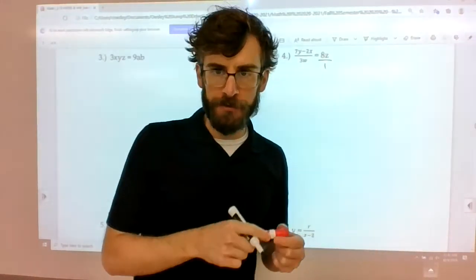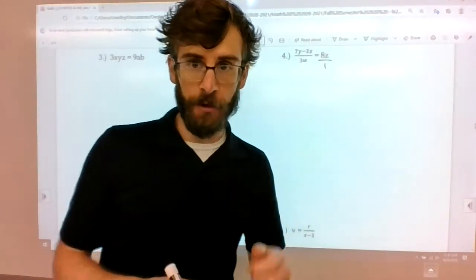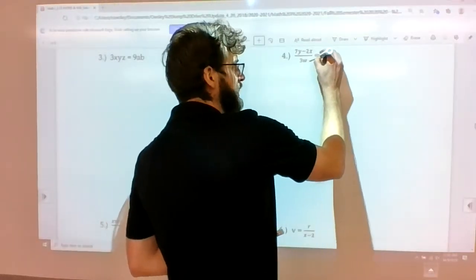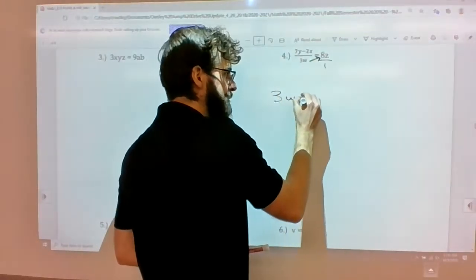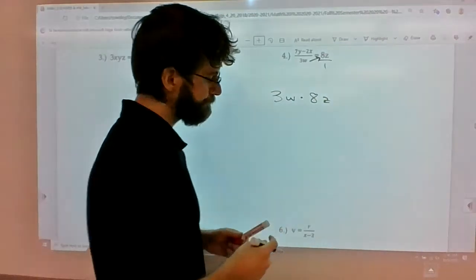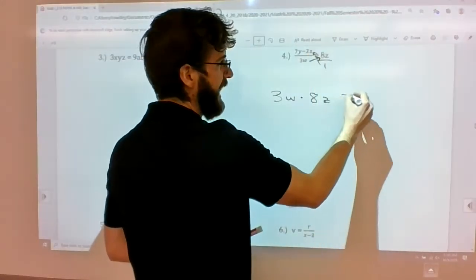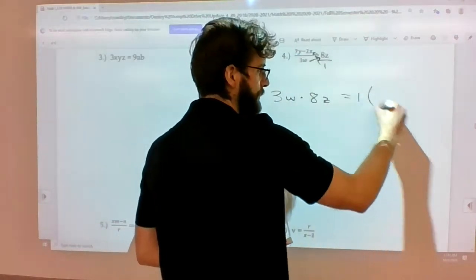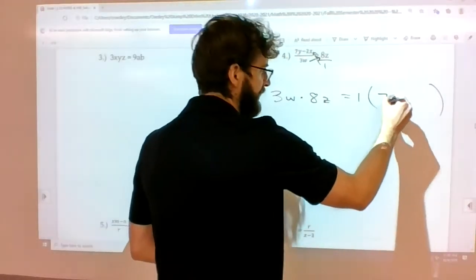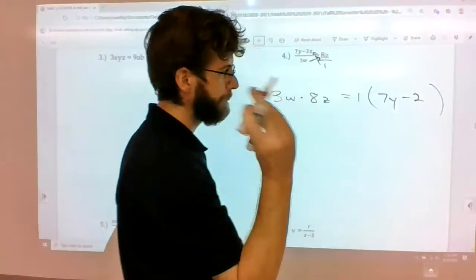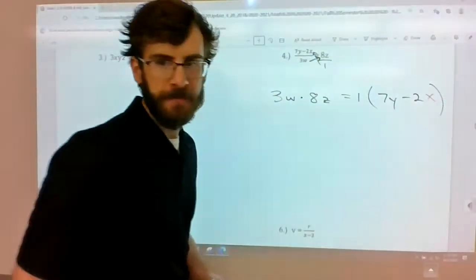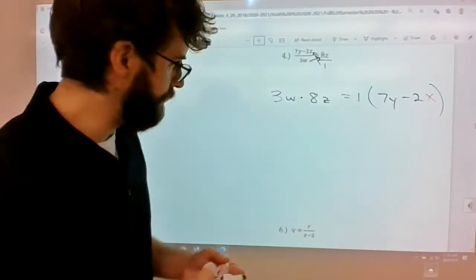You can use cross-multiplying to get rid of those fractions. So you're going to take 3w times 8z, and then you're going to take 1 times everybody in the top. So 1, I'm going to put parentheses around it, 7y minus 2x. It's that x we're trying to get by itself.